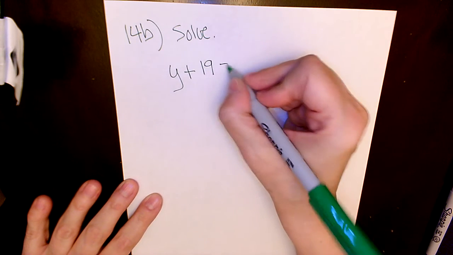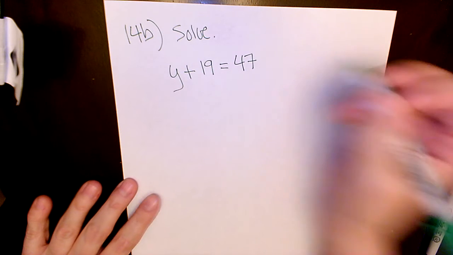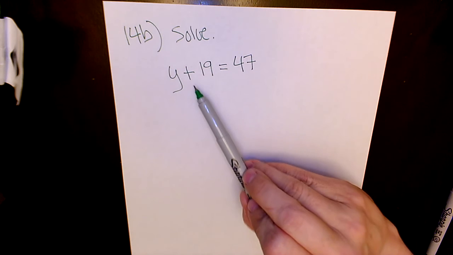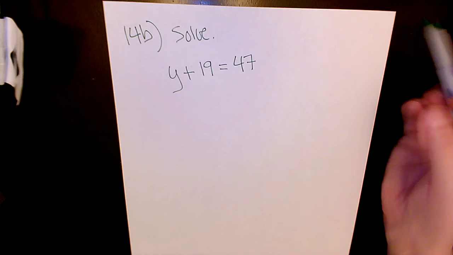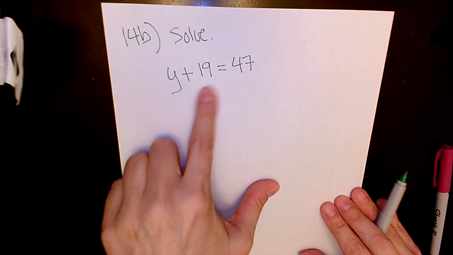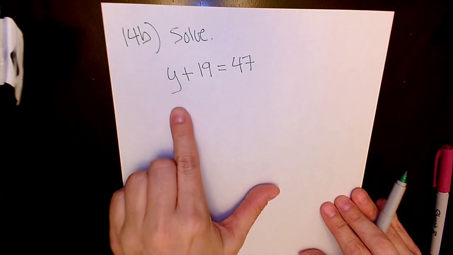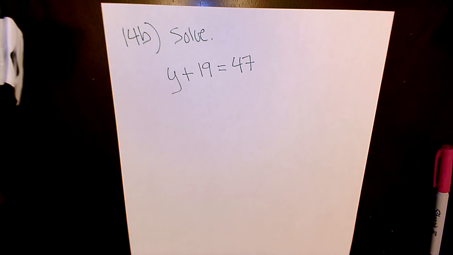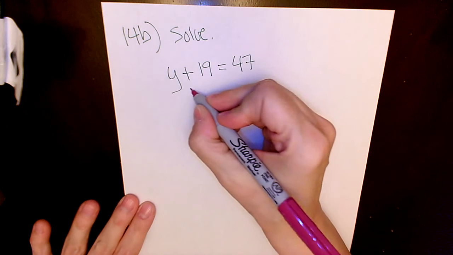We want to find out what's y. Some number that's y, when you add it to 19, will give you 57. So I'm going to start here because I want to get rid of this plus 19. I want to get y alone. So what's the opposite of plus 19? Minus 19.